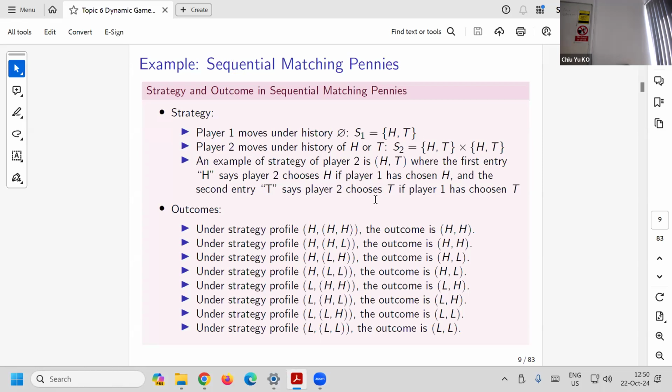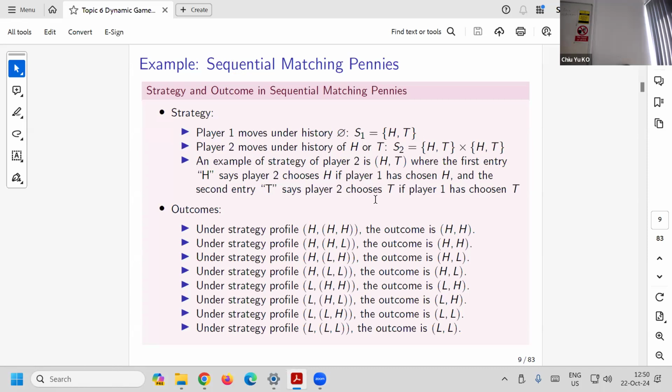Then he has to say what he's going to do if player 1 chooses head, and what to do if player 1 chooses tail. So he has to specify that. The strategy is independent of what player 1 will actually do. So, for example, H and T would mean player 2 will choose head if player 1 chooses head, and choose T if player 1 chooses tail.